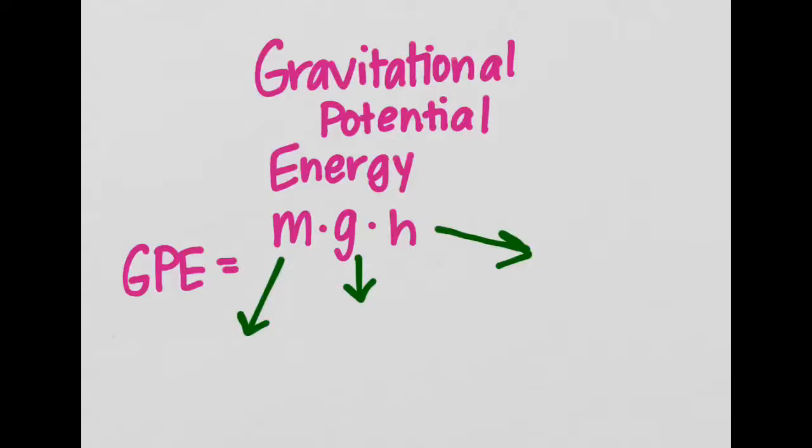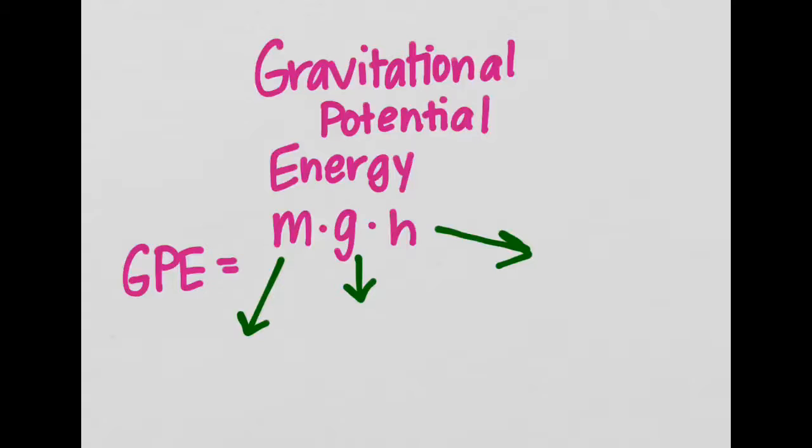So if we recall, the idea of gravitational potential energy is related to how much mass an object has, how far it is from the ground, and then our special sauce is going to be the force of gravity on that object, which remains the same.